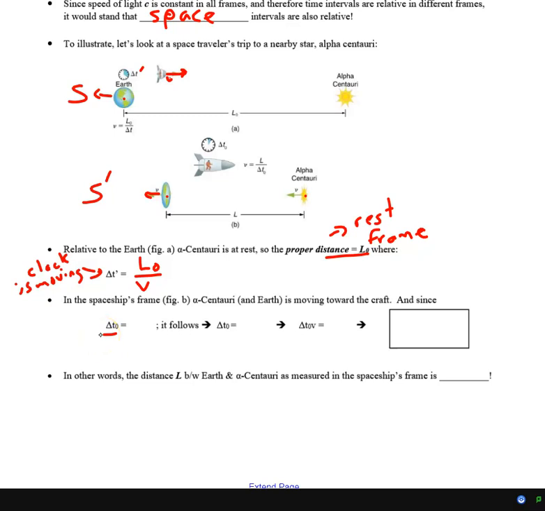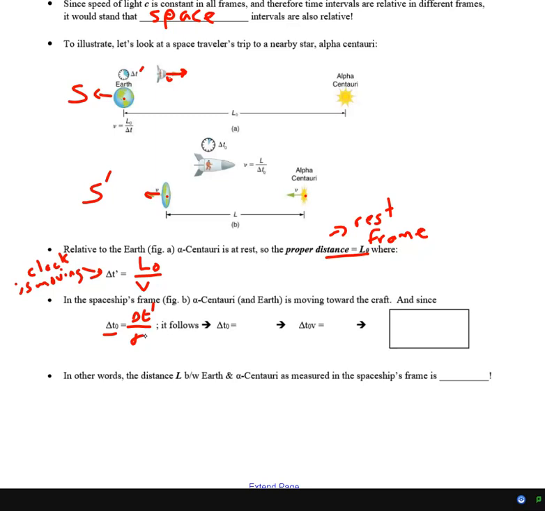By relativity, the derivation we did earlier, how they measured their time relative to how the Earth measures their time is simply equal to delta T prime divided by the Lorentz factor, gamma, which is an indirect measure of how fast they're going relative to the speed of light.